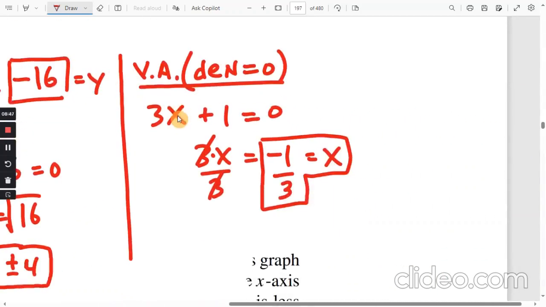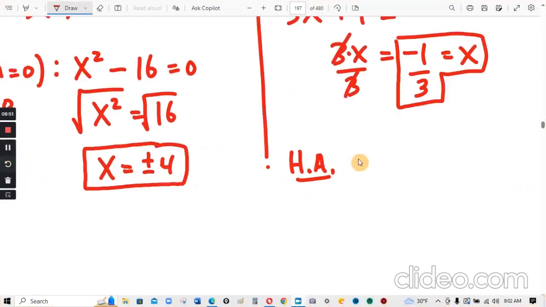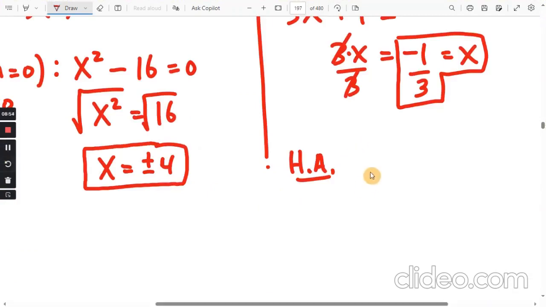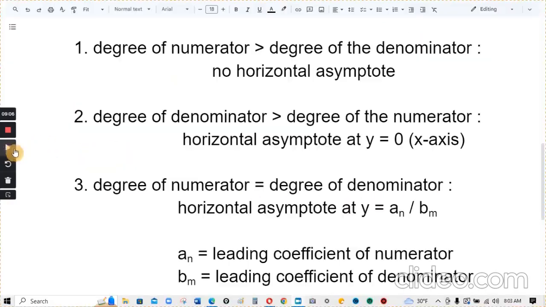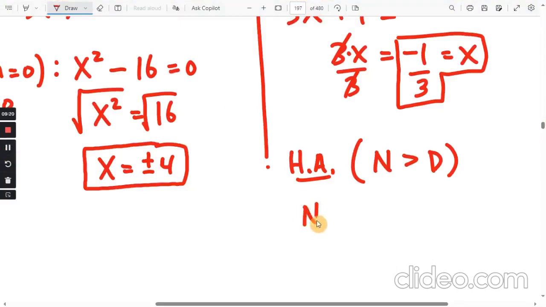All right, horizontal asymptote, in this case, the degree of the numerator is greater than the degree of the denominator. Let's take a look at the notes. When the degree of the numerator is greater than the degree of the denominator, there is no horizontal asymptote. So the answer here for the horizontal asymptote is just none.